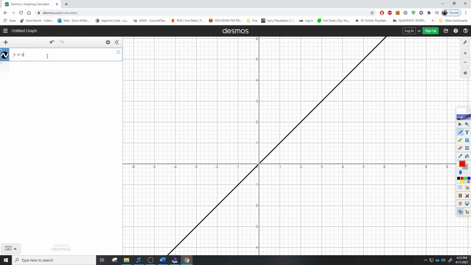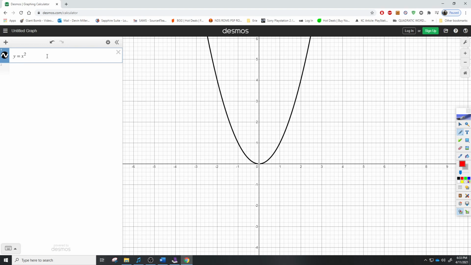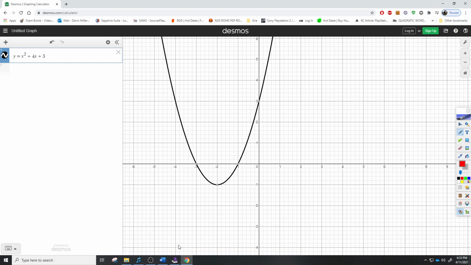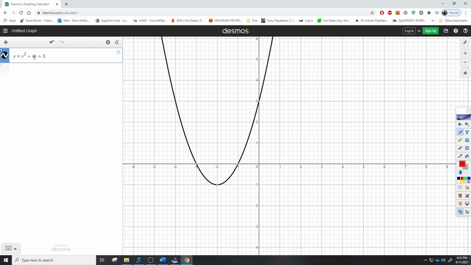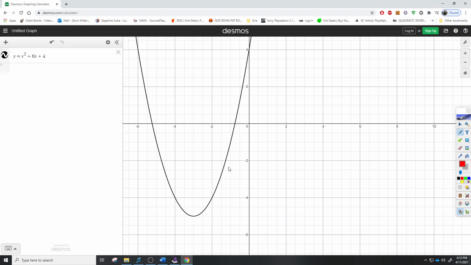Y equals x squared plus 4x plus 3, I think. Is that what it was? Oh, 6x plus 4. I was way off. 6x plus 4. There we go.